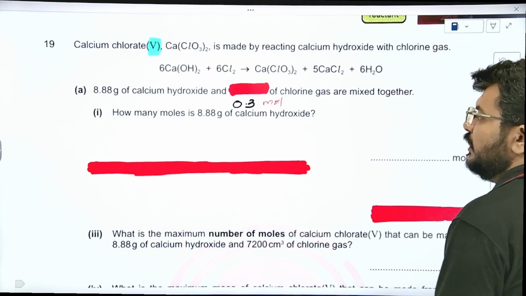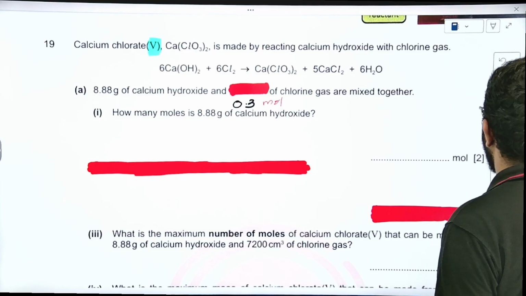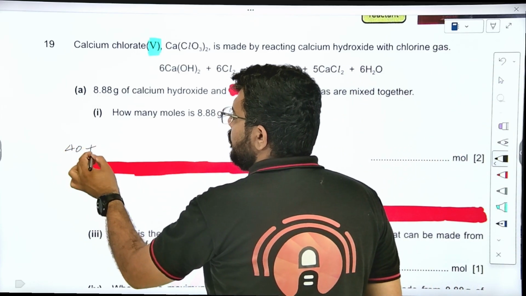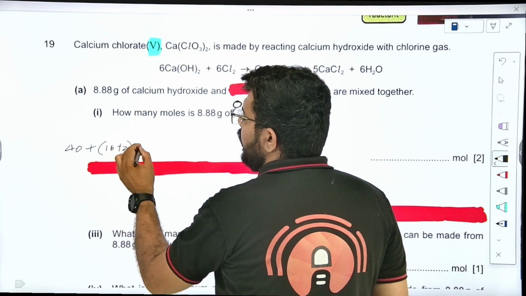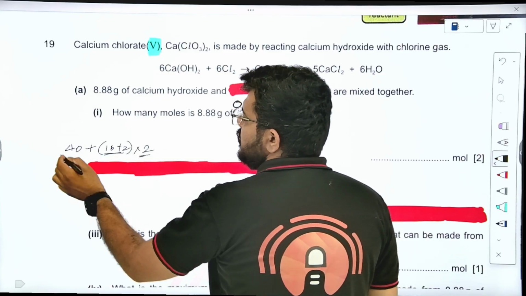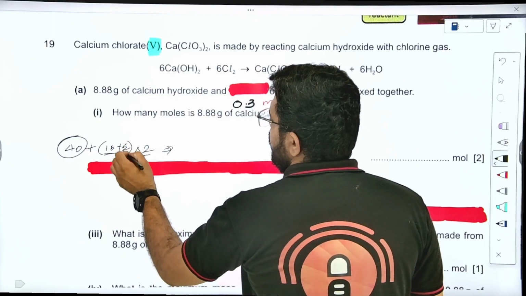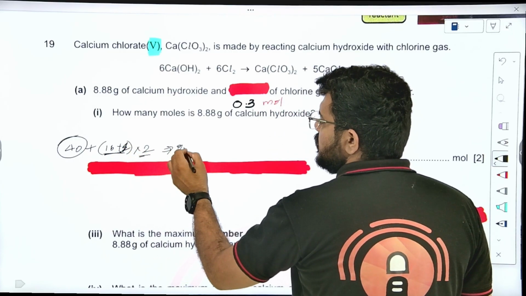How many moles in 8.88 gram of calcium hydroxide? Now, if you remember, you can easily find that out. This was 40 plus 16 plus 2 into 2, right? So 16 plus 1, 17, 17 2s are 34, so this was 74, right?